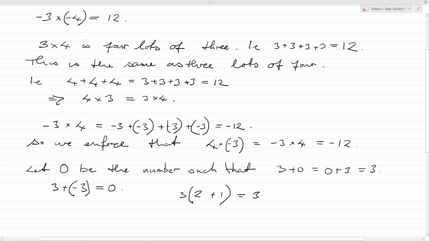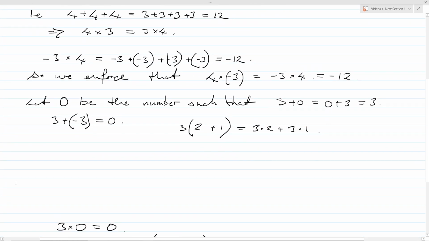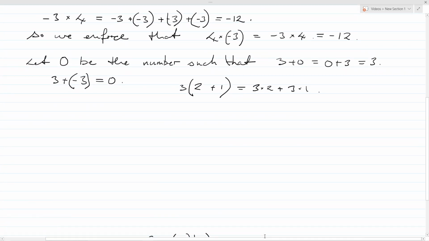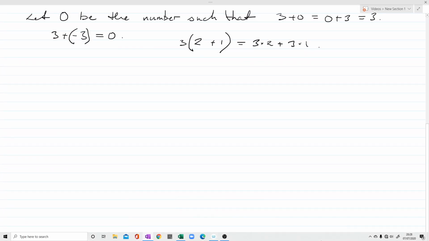We want this to be 3 times 2 add 3 times 1, so that we distribute over the bracket. Now we're really ready to finish this proof.